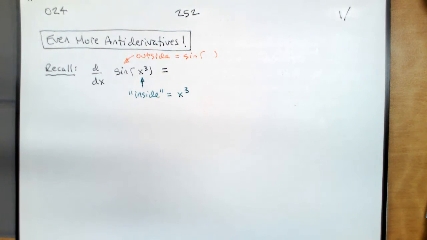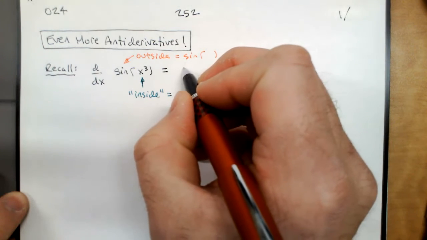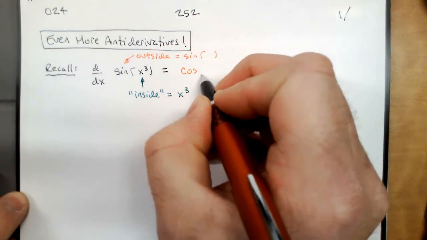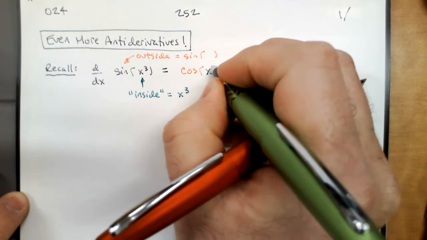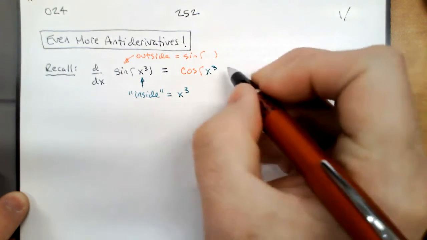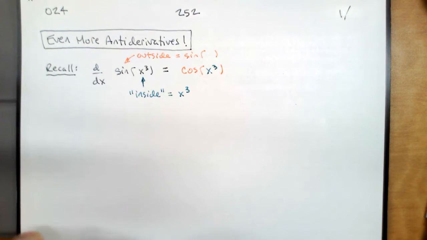When we read this derivative, we take the derivative of the sine of something. In this case, the something is x cubed. So the derivative of sine of something is cosine of that thing. Take the derivative of the outside, leave the inside the same, and then multiply by the derivative of the inside.